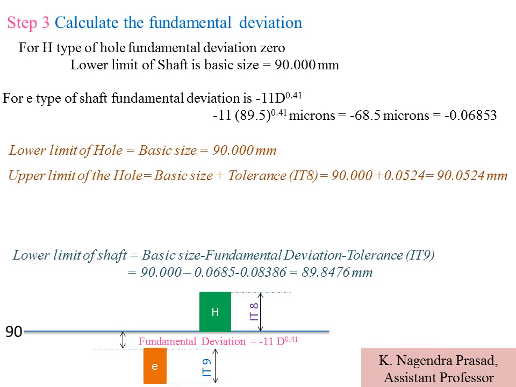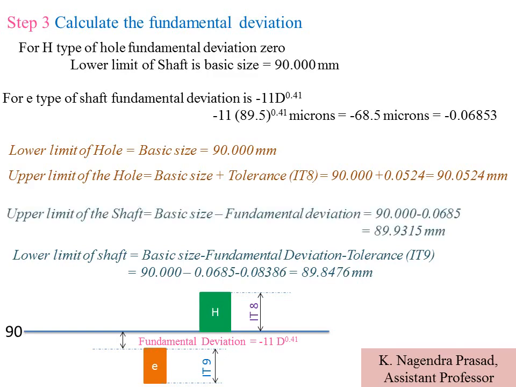In the previous slide we determined the tolerance value for the shaft, the IT9 value, as 0.08386. Substituting the basic size, fundamental deviation and tolerance value, we get the lower limit of the shaft as 89.8476 mm.